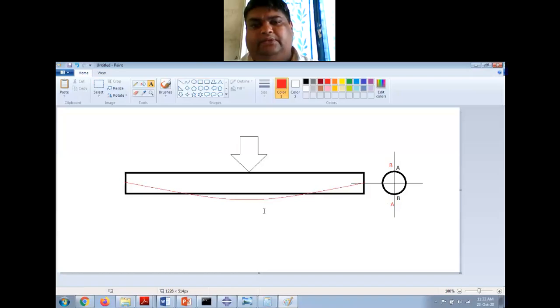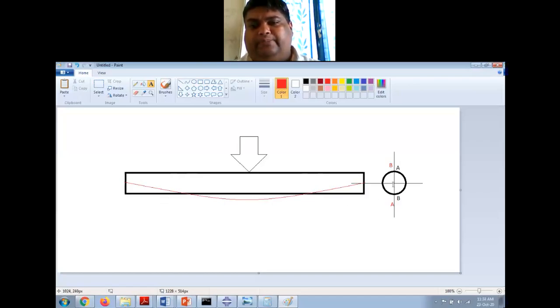Then what happens? The fibers which are at the bottom, below this axis, neutral axis, which was subjected to tension, is now at the top where it will be subjected to compression, and the fibers which is at the top of this neutral axis, which was earlier subjected to compression, is now subjected to tension.